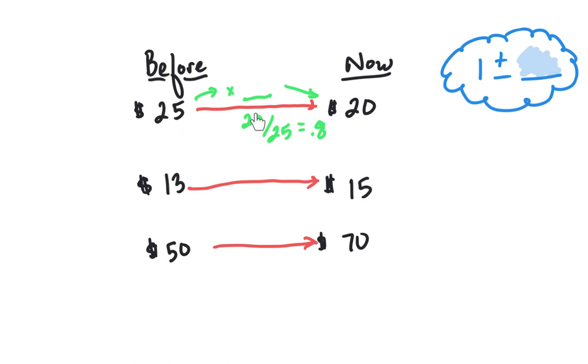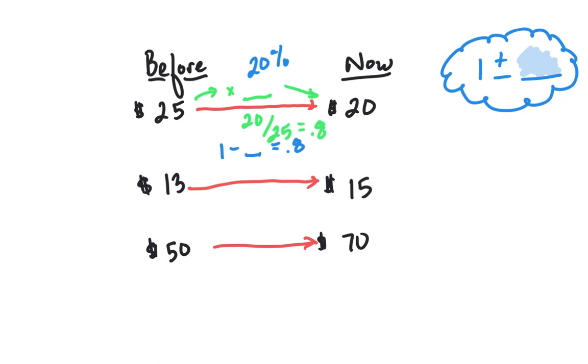Now, notice it decreased. So we're basically saying, 1 minus what was 0.8, our multiplier. And of course, 1 minus 0.2. So this was a 0.2 subtraction, or a 20% drop in value.